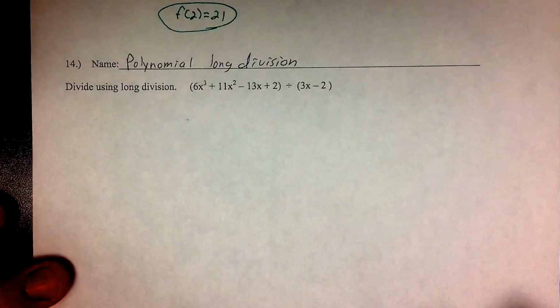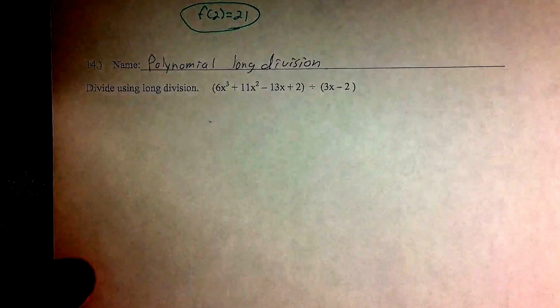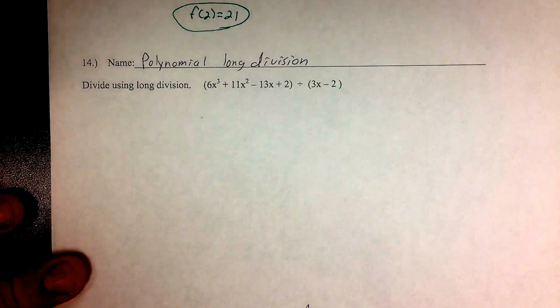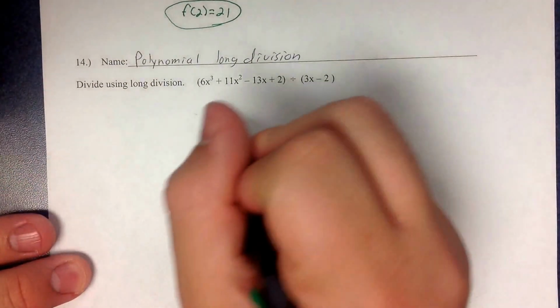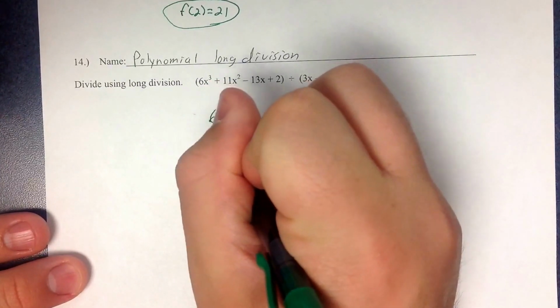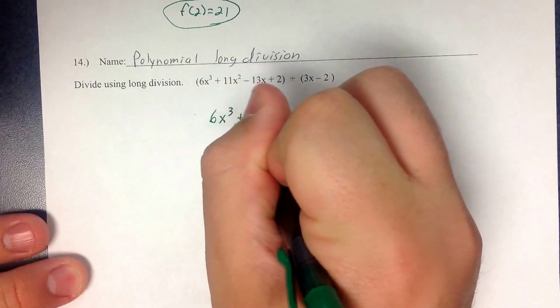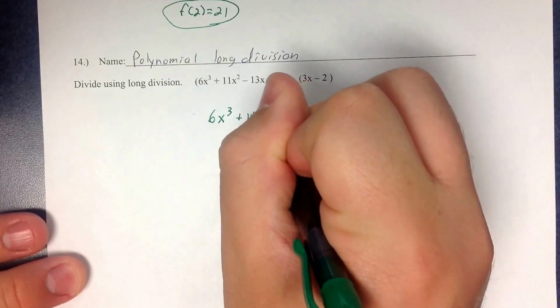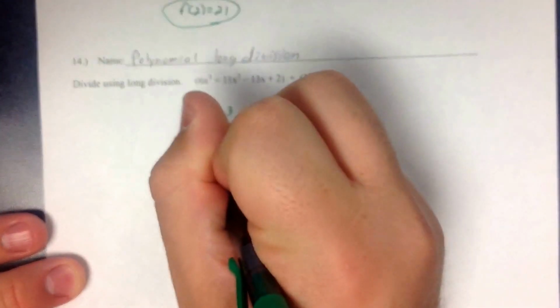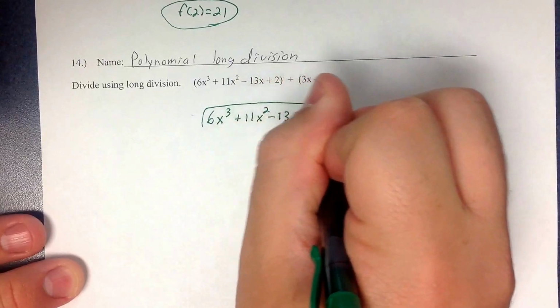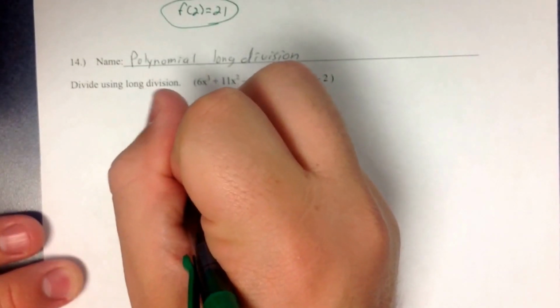Okay, polynomial long division. Divide 6x cubed plus 11x squared minus 13x plus 2 divided by 3x minus 2. So we've got 6x to the third plus 11x squared minus 13x plus 2, and I'm dividing it by 3x minus 2.